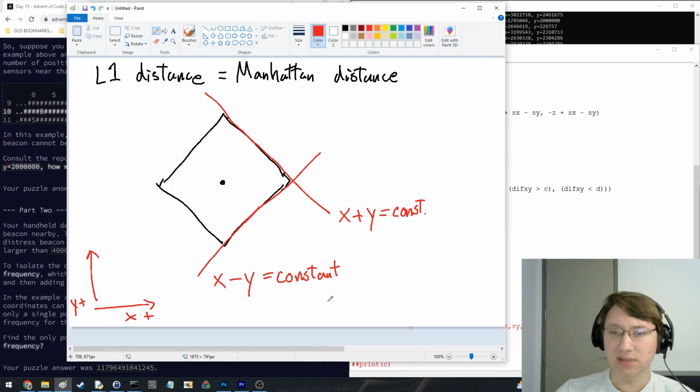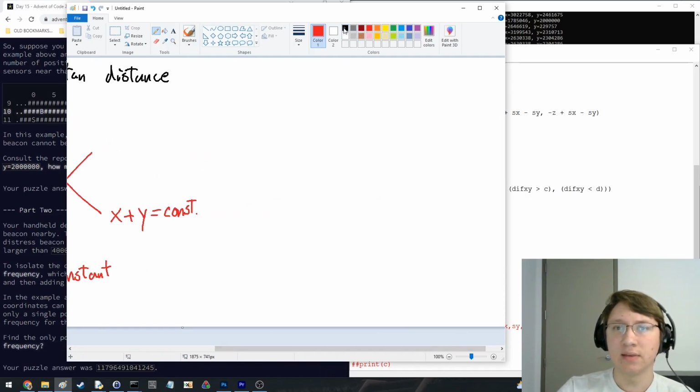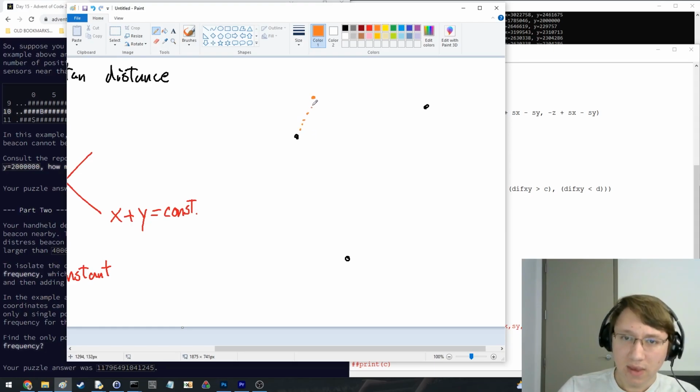And basically what my solution is doing is going through and saying, okay, we have all these sensors, and each of these sensors finds a beacon somewhere, right? And what does that tell us? Let's do a beacon up here. That tells us that there can be no other beacon within the L1 ball, right here.